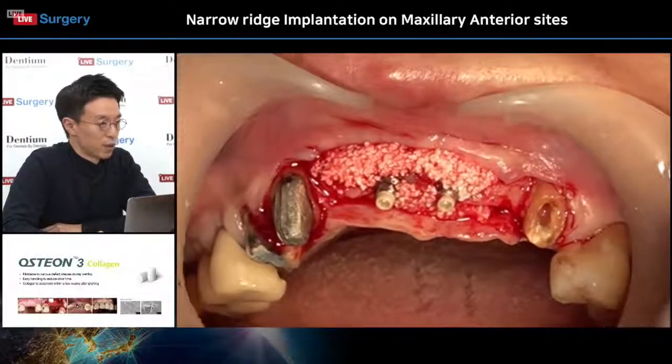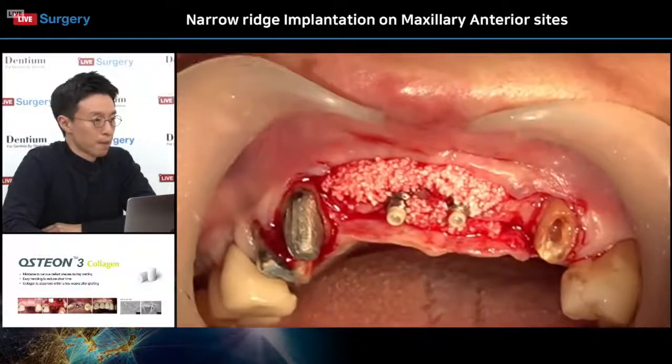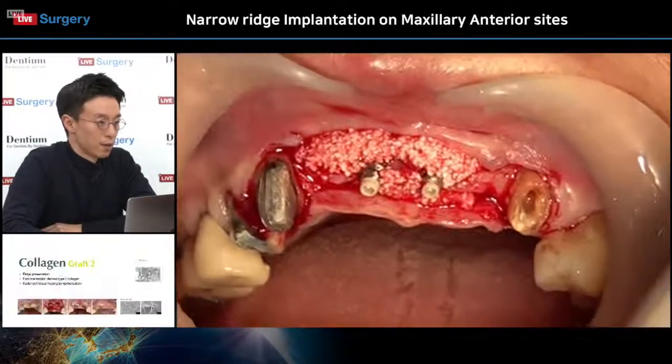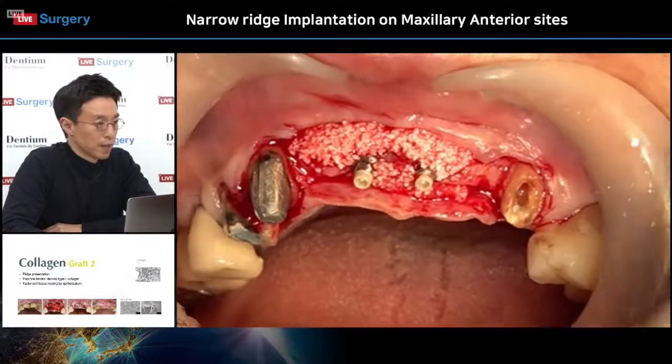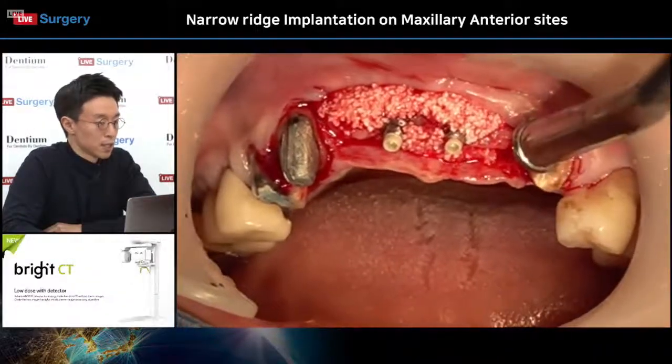So I prefer to elevate the labial or buccal flap at the anterior area.